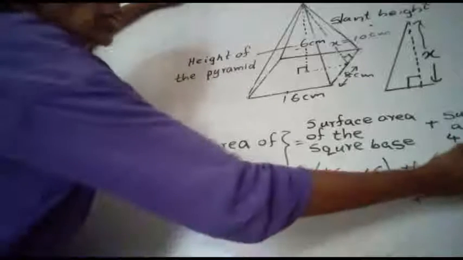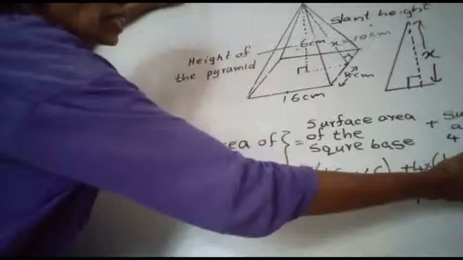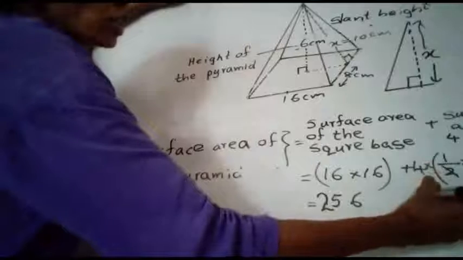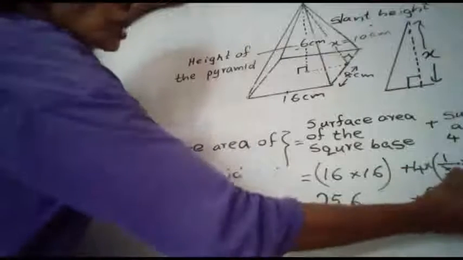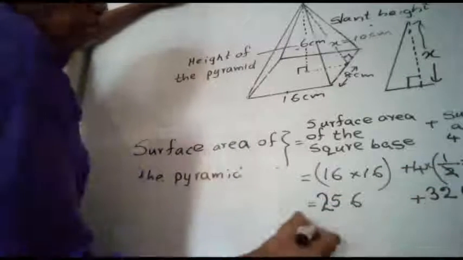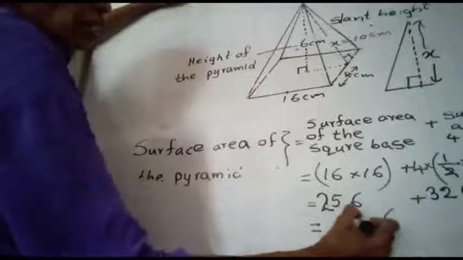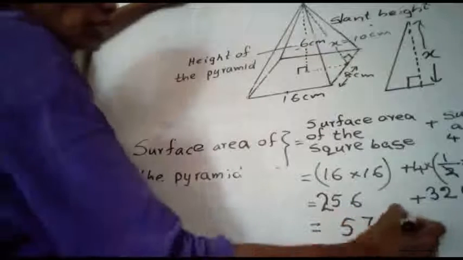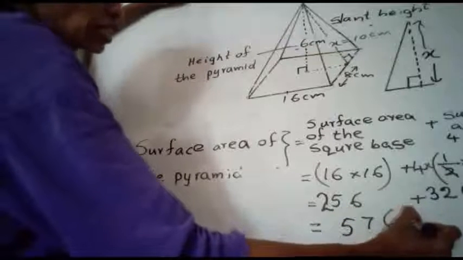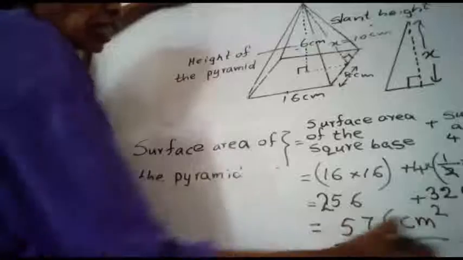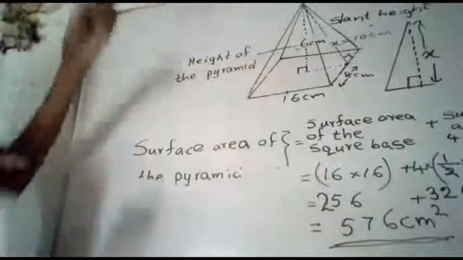Plus 8 times 10, 80. 80 times 4, 320. The answer is 576 square centimeters.